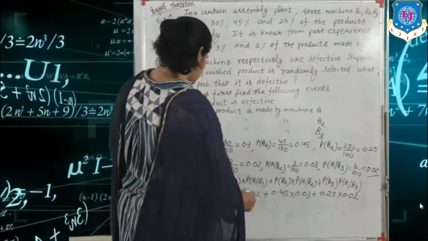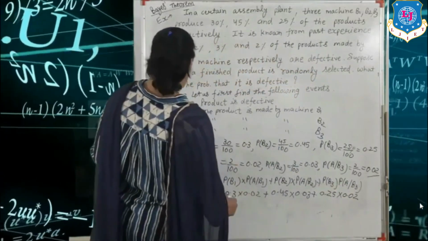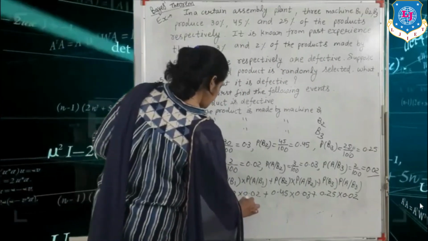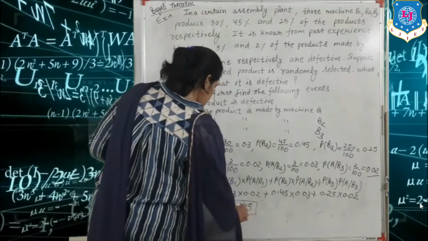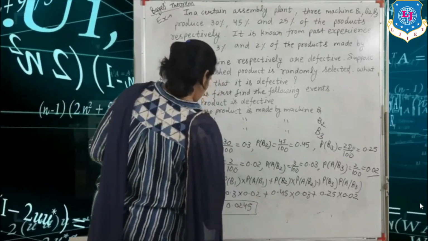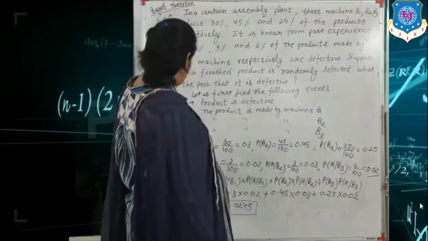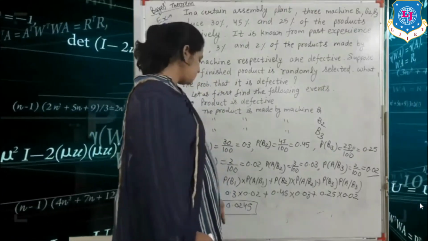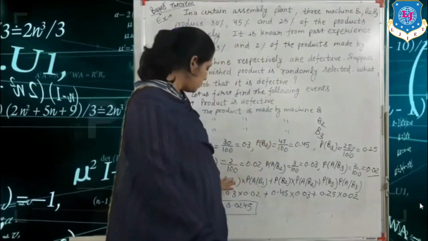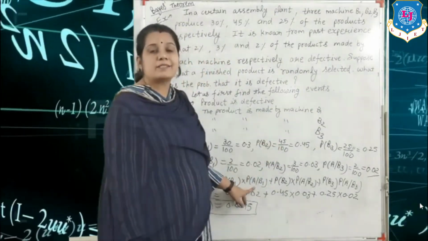We put all these values and solve this step, and we get 0.0245. That means the probability of getting a defective product is 0.0245, and this is the formula of the Bayes theorem.